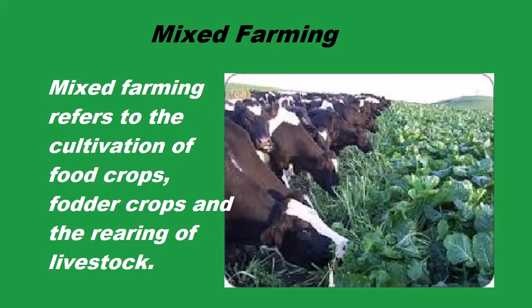Mixed farming refers to the cultivation of food crops, fodder crops, and the rearing of livestock. Cattle are reared for milk and meat. It is mostly practiced in Europe, Eastern USA, Argentina, New Zealand, and South Africa.